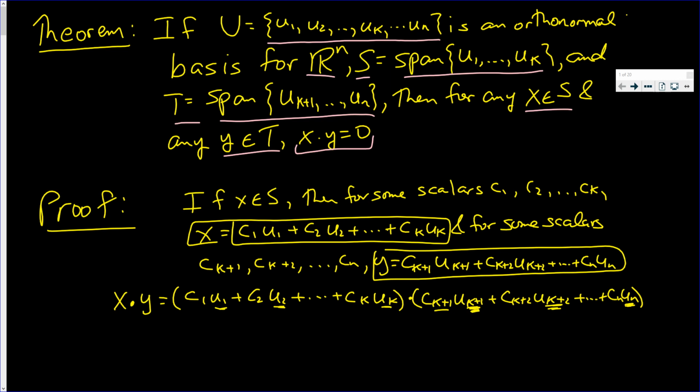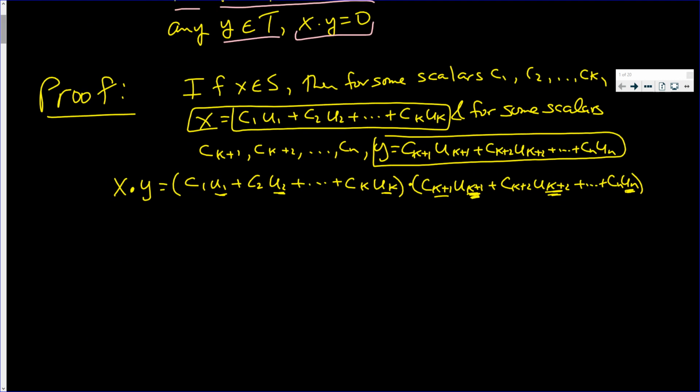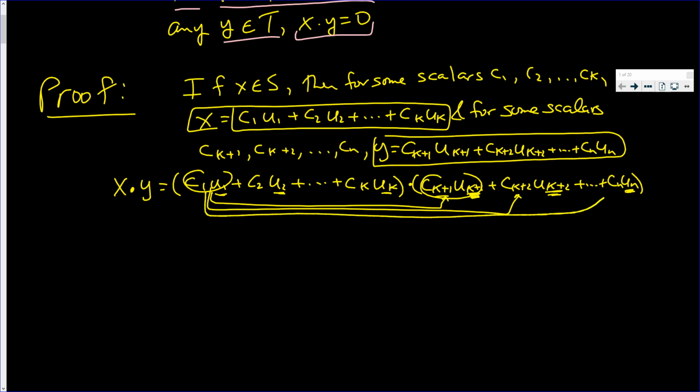So now, what will an arbitrary entry in the dot product be? Now remember, we're going to dot this whole thing with that. We're going to dot it with all the ones up to here and the ones in between.